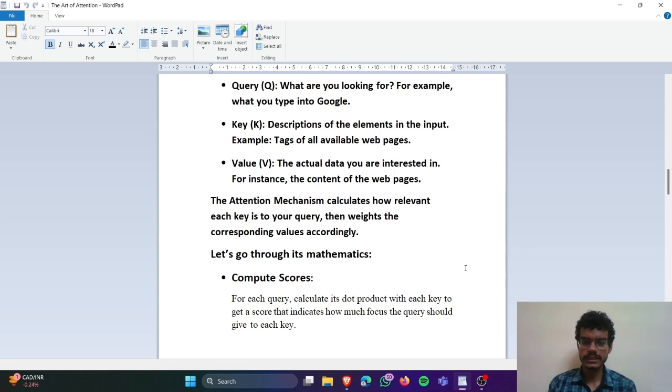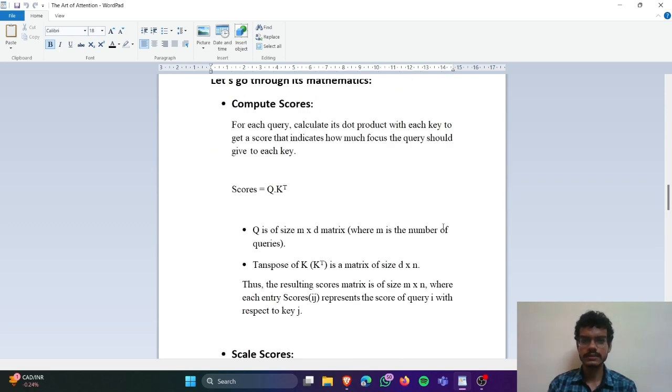So this is what key is. And then value: this is the actual data you are interested in, for example, the content of the web page. So attention mechanism calculates how relevant each key is to your query, and then weighs the corresponding values accordingly, and then assigns its importance. Now let's go through some math.